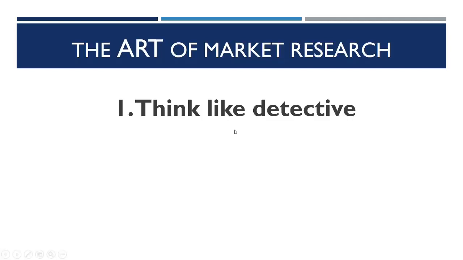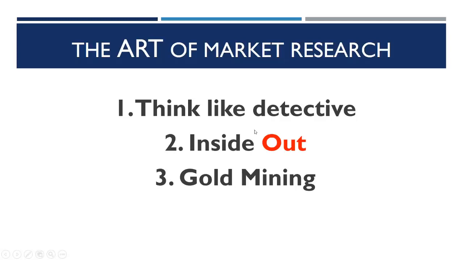Okay. Second thing is the inside out method. The inside out method means, and I will talk about it more deeply in the next slides, that you first find a product and then you go to the big picture, to the niche. So first you find a product that sold a lot, then you go to check the niche. Okay. Then gold mining. Gold mining is the part that I like the most, almost. It's the part where you go to your supplier and you start gold mining products.